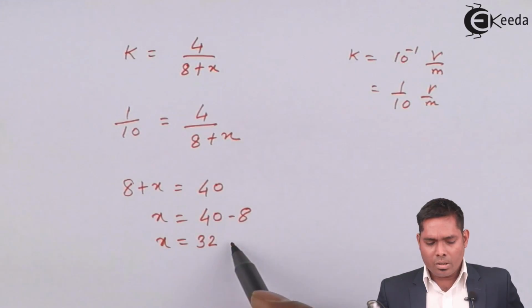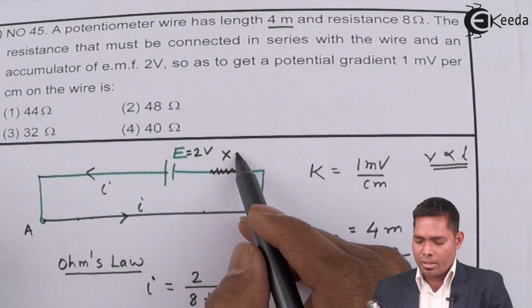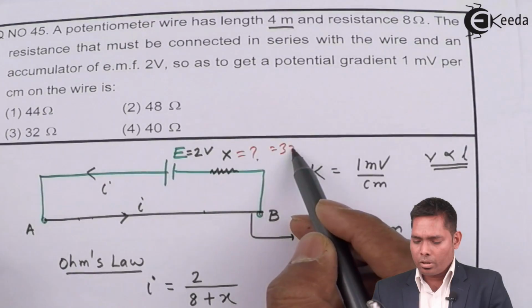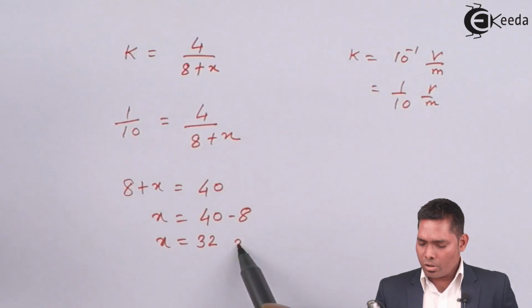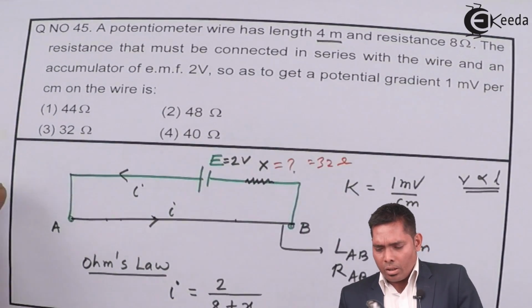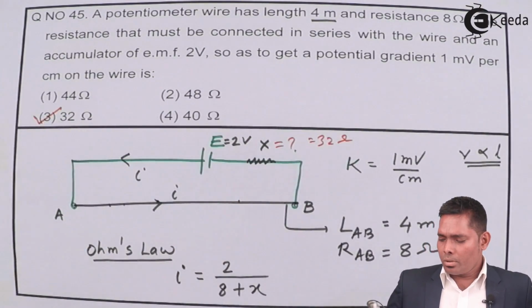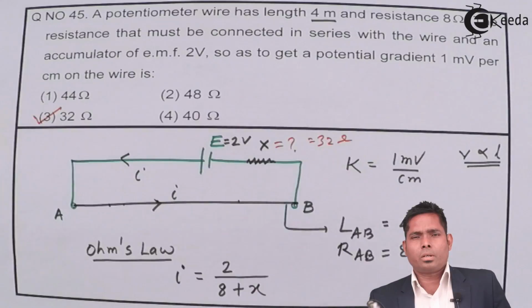X is the resistance that I have connected here, and that comes out to be 32 ohms. If you see the options, option number 3 is the correct option to this question. Okay, thank you.